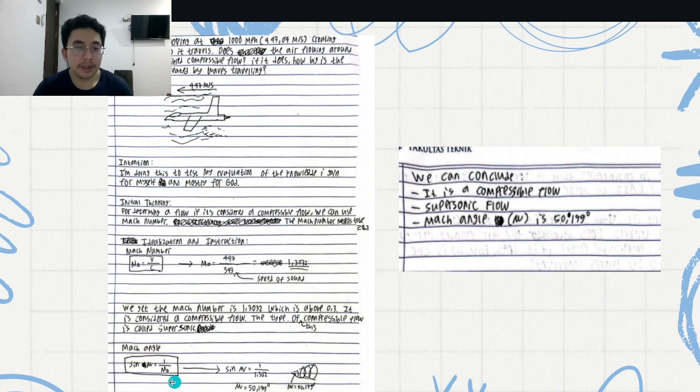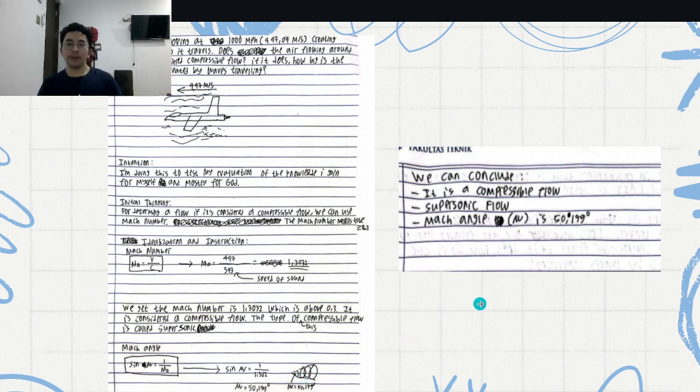So we get it. The flow is compressible, but how big is the Mach angle? We can find it with this: sin alpha equals 1 per Ma, the Mach number, which is 1 per 1.3032, and we can use the arcsin method to get the Mach angle equals 50.179 degrees.